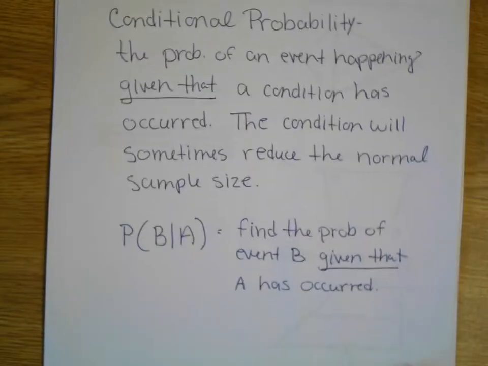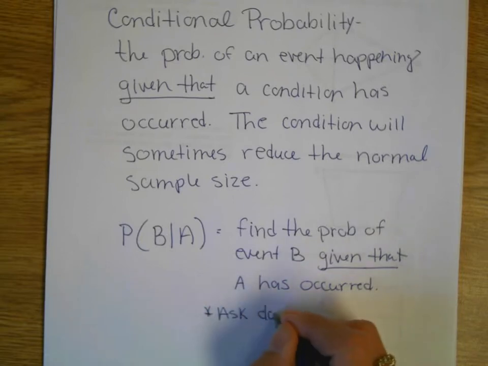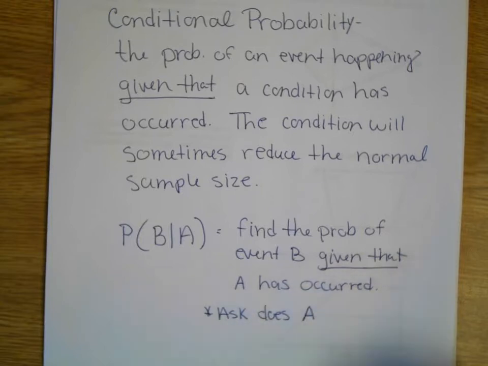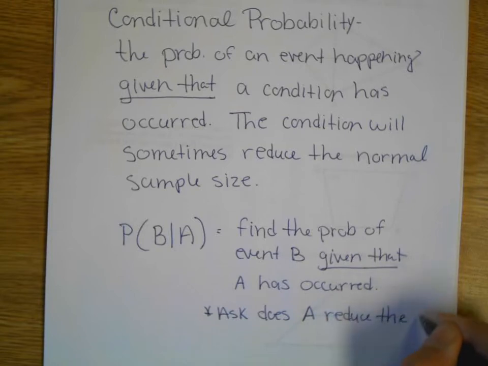So you have to ask yourself, does A reduce my sample space? And then use that as your new sample space. So ask, does event A reduce the sample space?